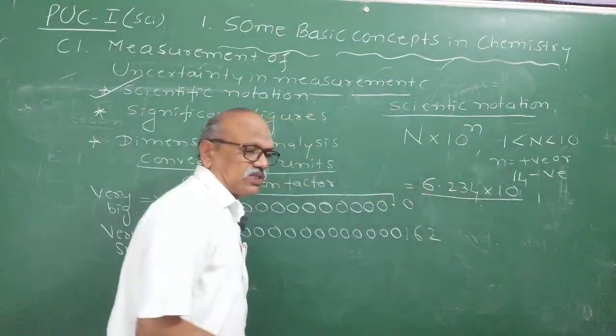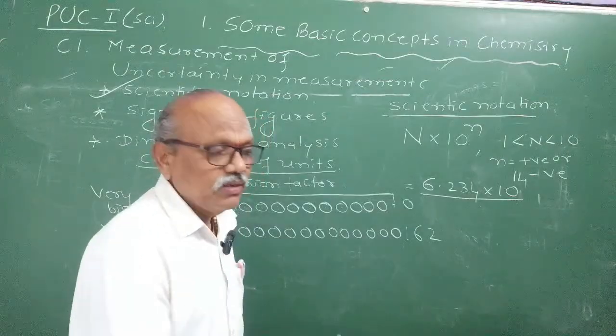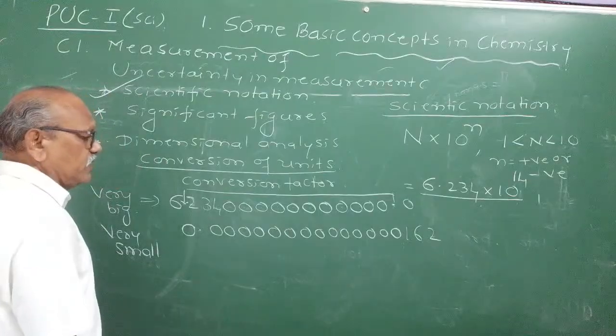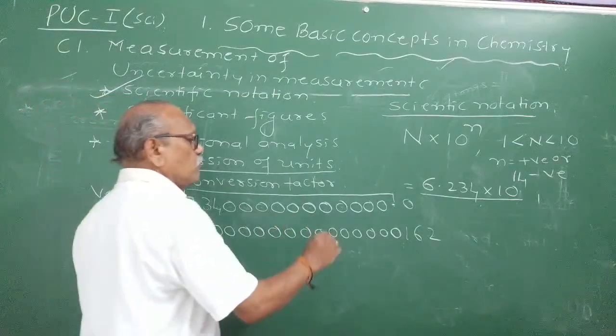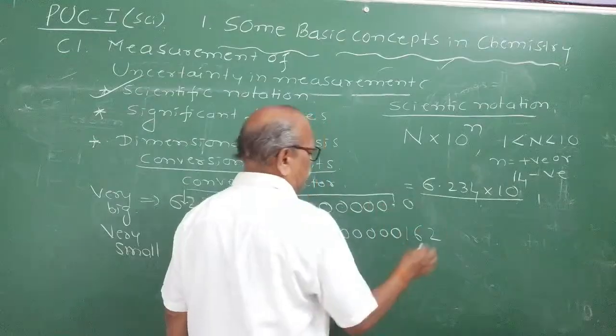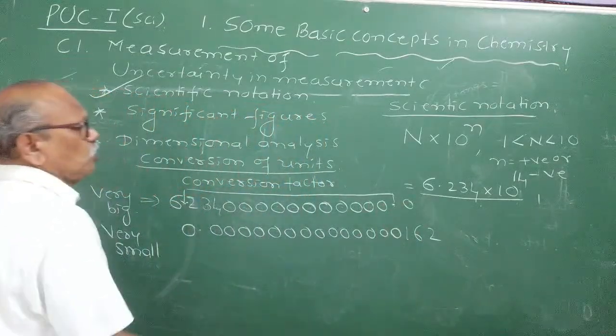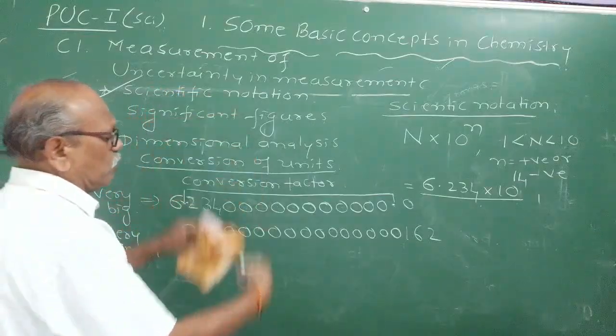Even Planck's constant, and 1 mole is 6.023 into 10 raised to 24, and even the charge of the electron, they will be either positive power or negative power to the base 10.